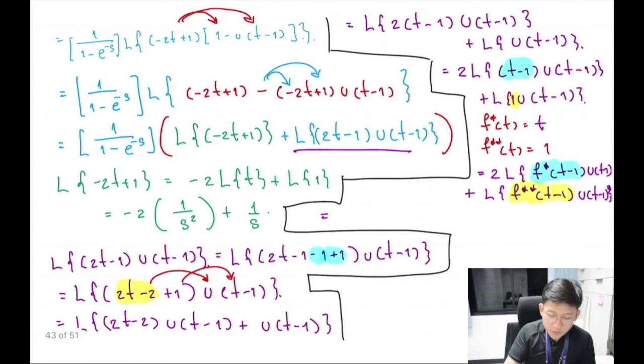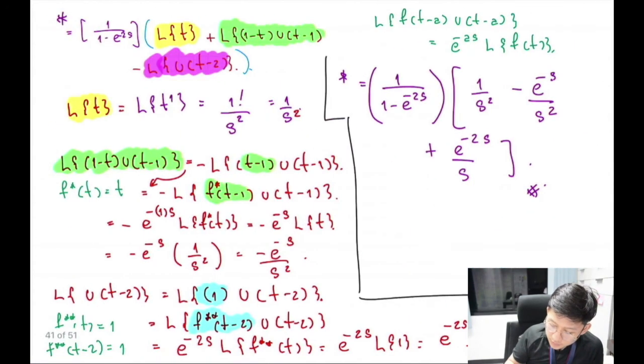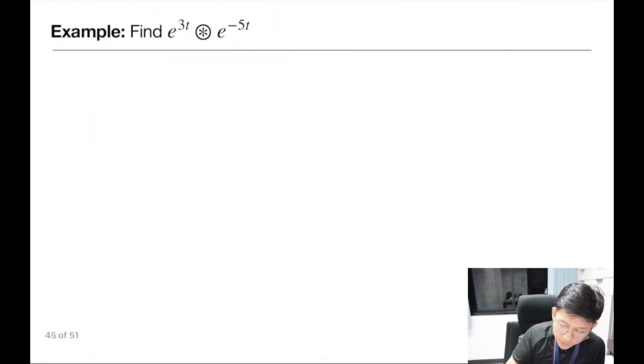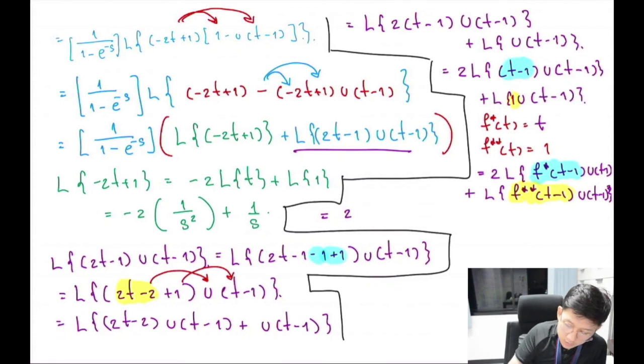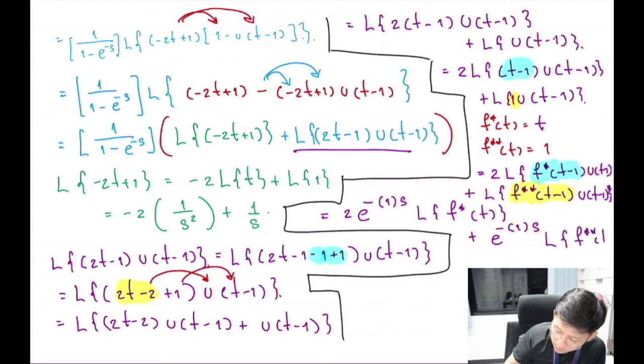So here we would have 2, sorry, it's not 1 over, it's e to the minus a s, where a is 1, times the Laplace transform of f star(t), and then plus e to the minus a s, with a equal to 1, times the Laplace transform of f double star(t).